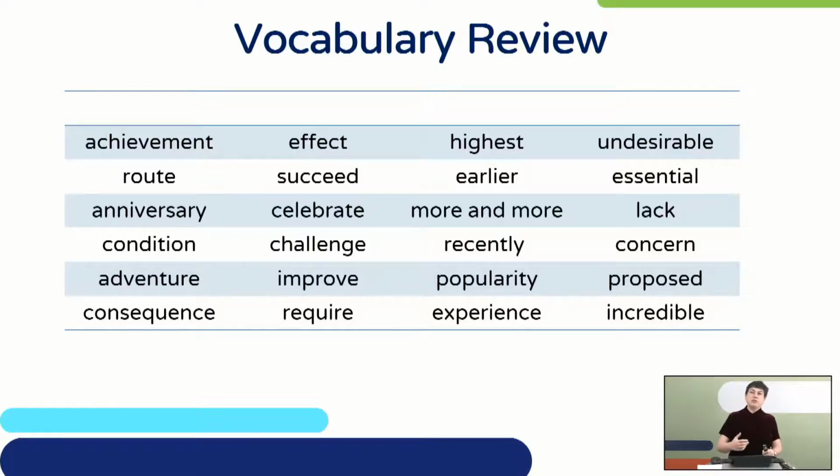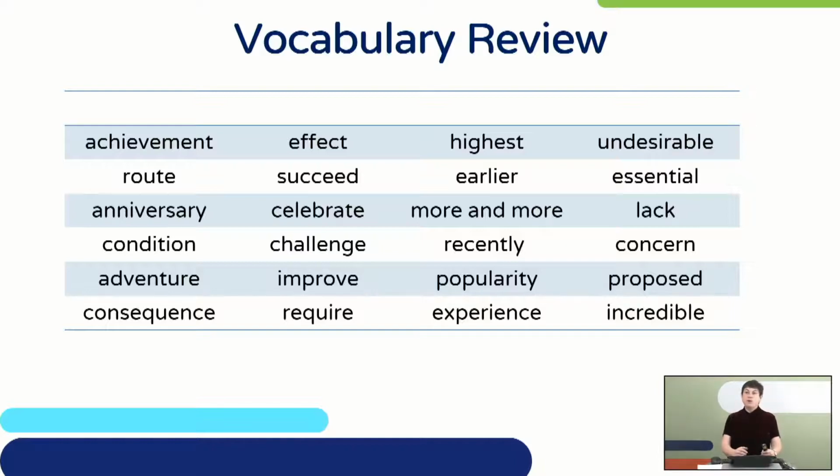Consequence is the result of past actions. In the next column, we have effect. You want to make something happen, you want to have an effect. You want to effect a change, make it different. To succeed is to actually achieve that goal, to reach that achievement, to try to do something and do it correctly and completely. That's to succeed, relating to the noun success.